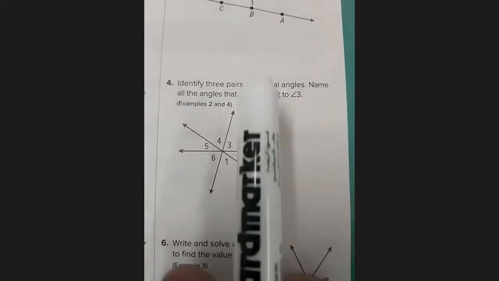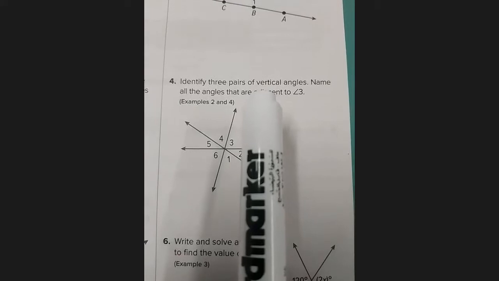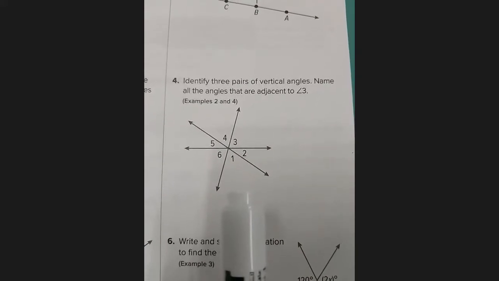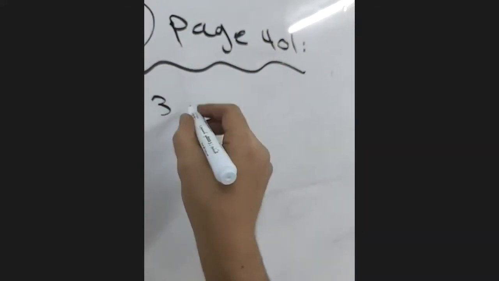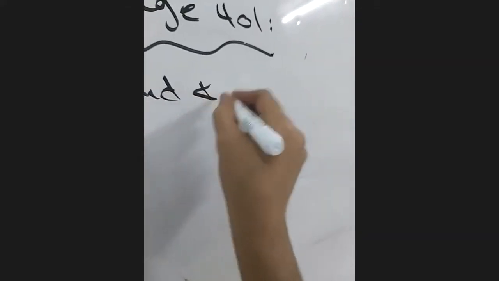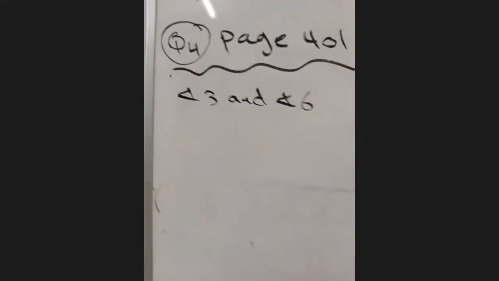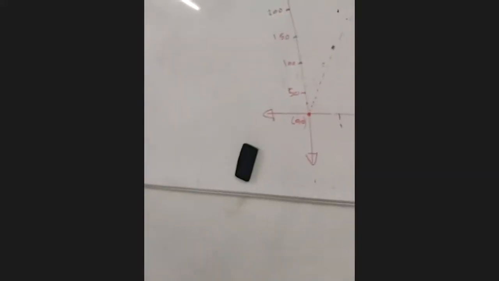So we have 2 questions here, right? Let's start with the vertical angles. What are the vertical angles? 3 and 6. Right, like this. Angle 3 and angle 6. Then angle 5 and angle 2.